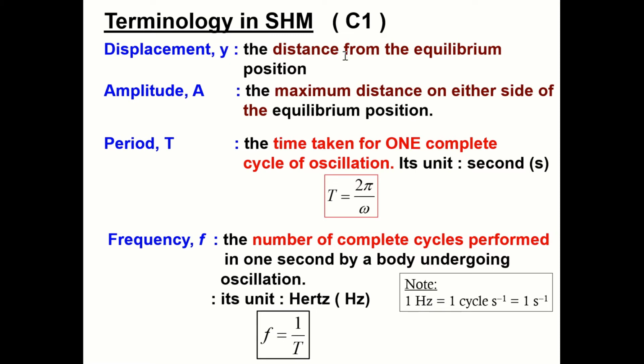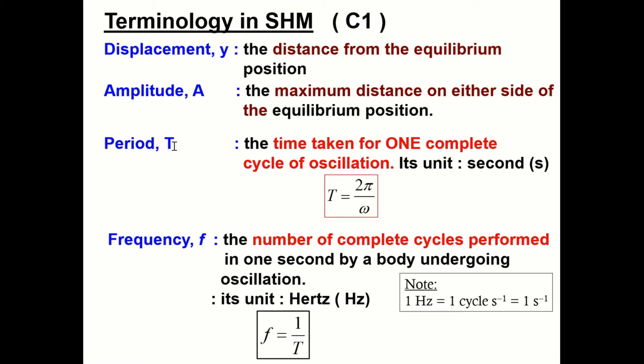It is the distance from the equilibrium position. Later on I will explain what is equilibrium position. It is the most stable position of the object. Then we have the term amplitude with symbol A. Amplitude is the maximum displacement, the maximum distance from the equilibrium position.